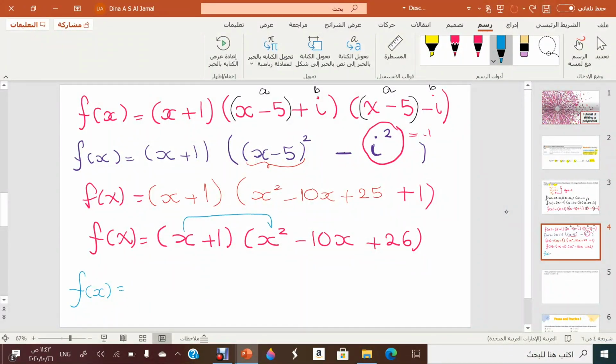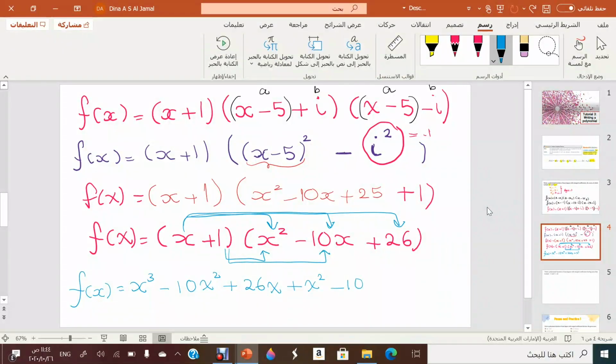So we will take x, it will be x cubed, then taking this one with this one, minus 10x squared, then it will be plus 26x. Now plus x squared minus 10x plus 26.